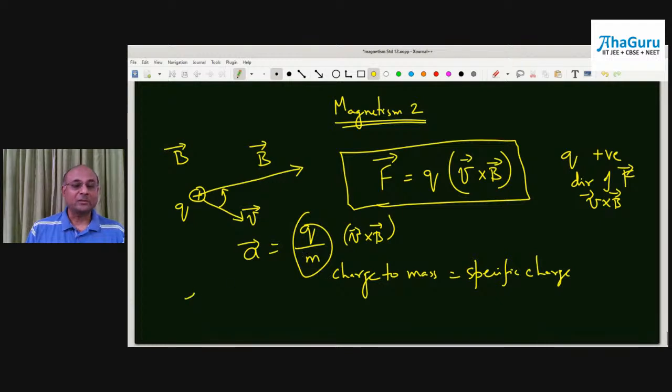Electron's Q by M is approximately, not exactly 2000, 1800 and something. Okay, almost approximately 2000 times the proton's Q by M, because both have the same Q but different M. Of course, you'll have a minus sign as well, but I'm just talking about the magnitude.